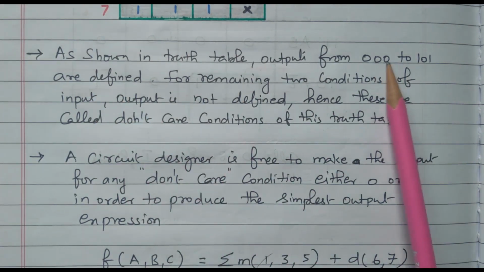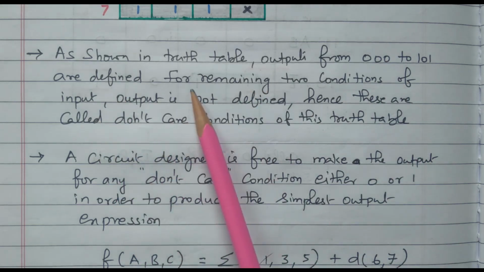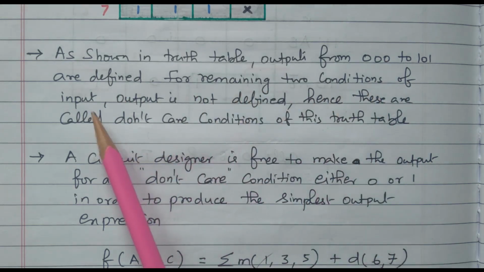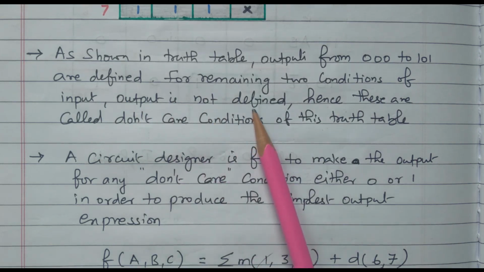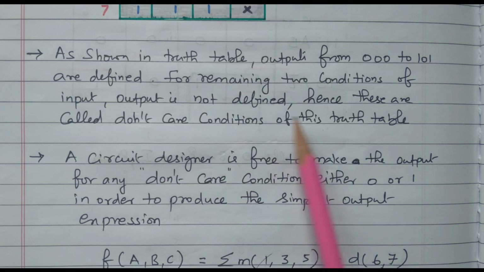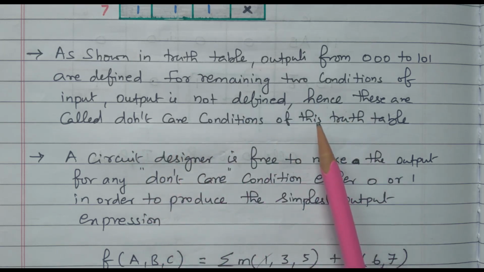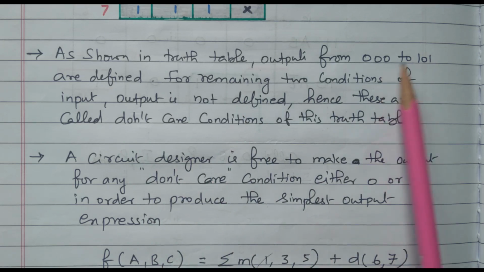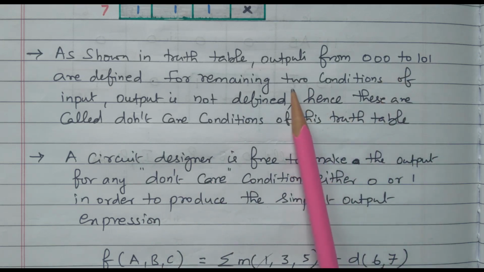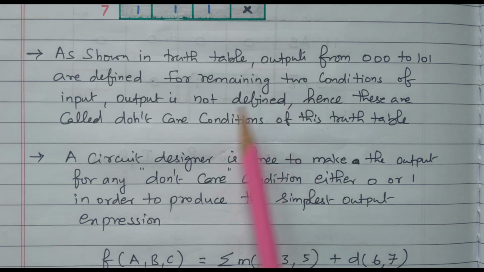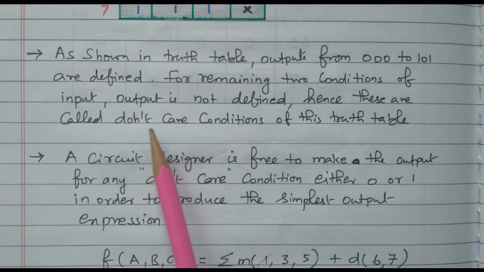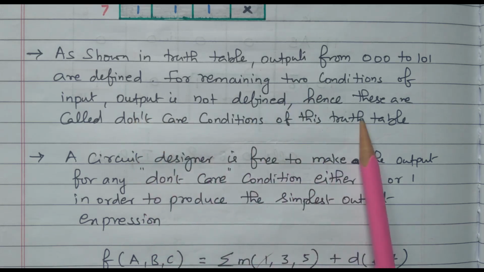For the remaining 2 input conditions, the output is not defined. Hence, these are called don't care conditions of this truth table.